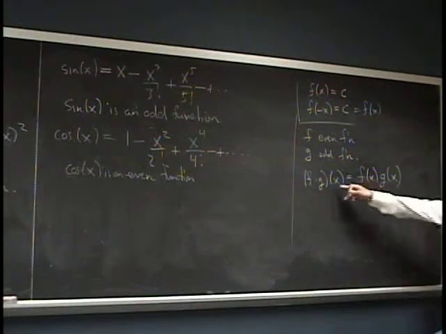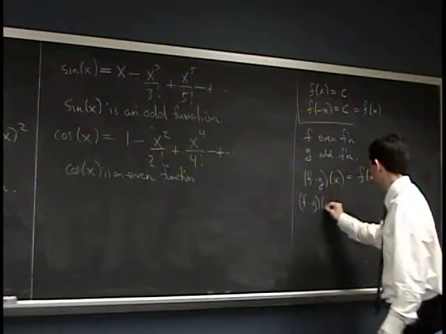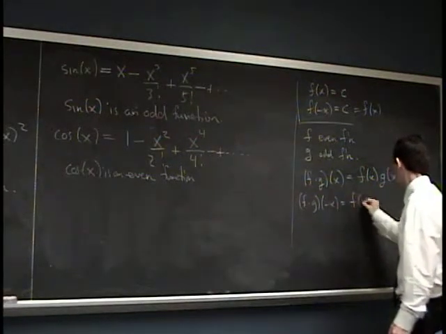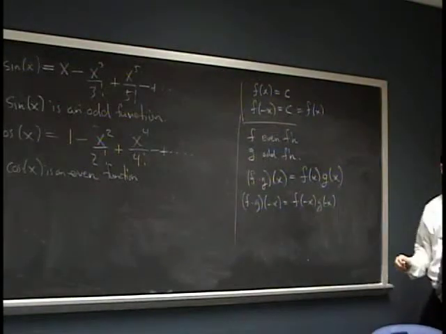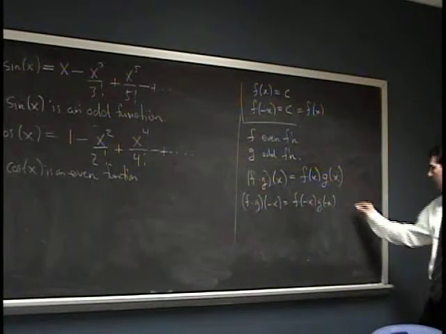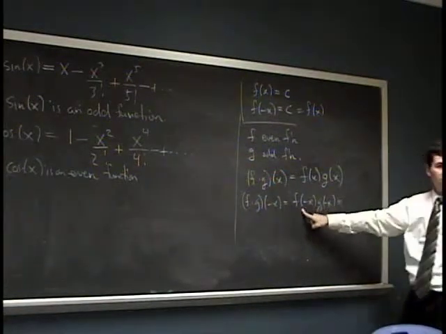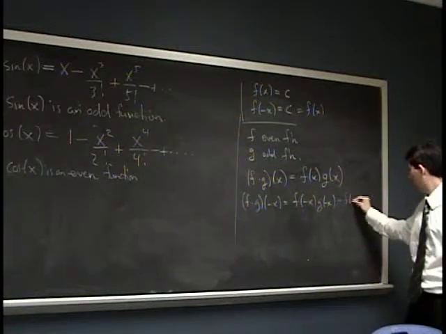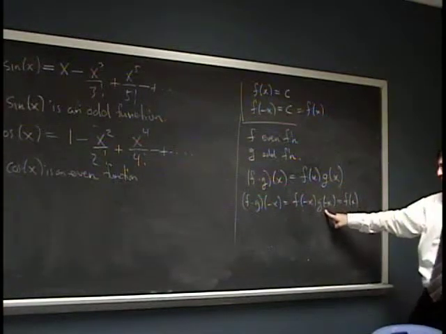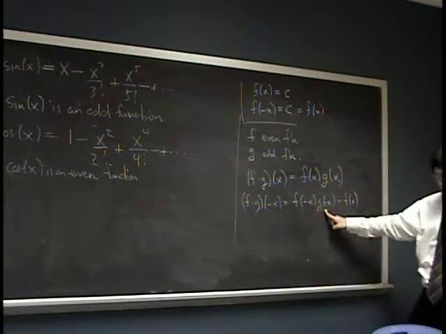So what if I put in minus x? f times g of minus x is f of minus x times g of minus x. Now f was an even function, which means f of minus x equals f of x. And g of minus x equals minus g of x.